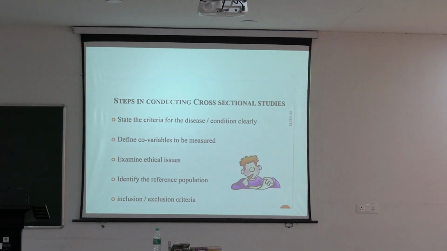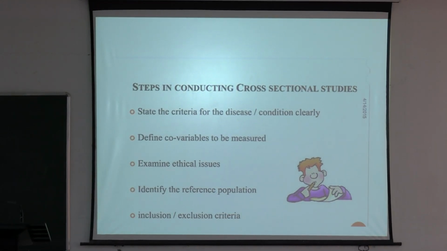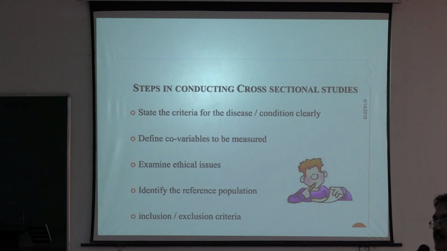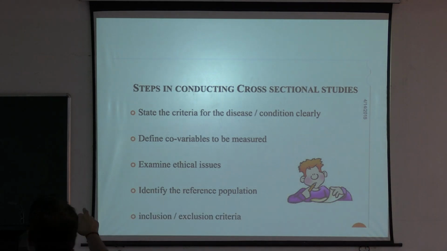Define the co-variables to be measured. Examine the ethical issues. Identify the reference population and inclusion-exclusion criteria. Okay. So when we are doing something, the third one is very important. Define the co-variables. What are you looking at?